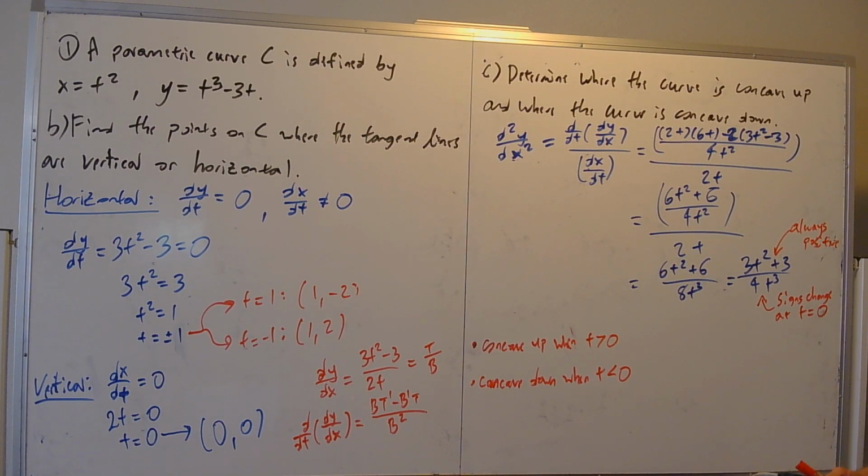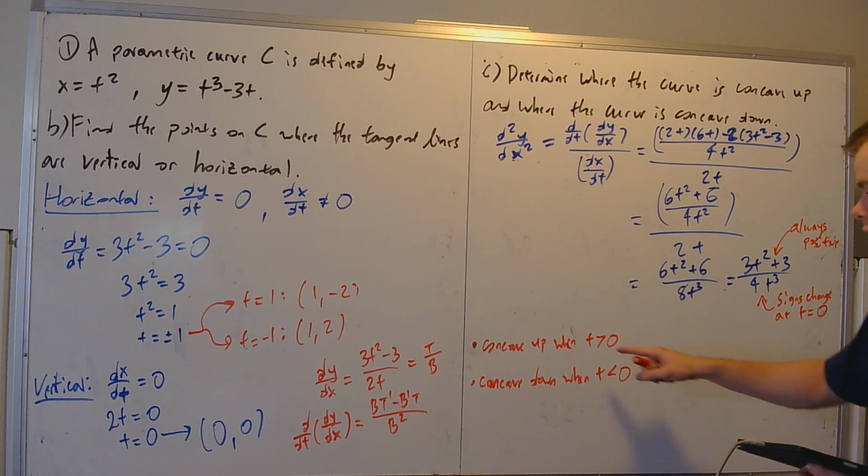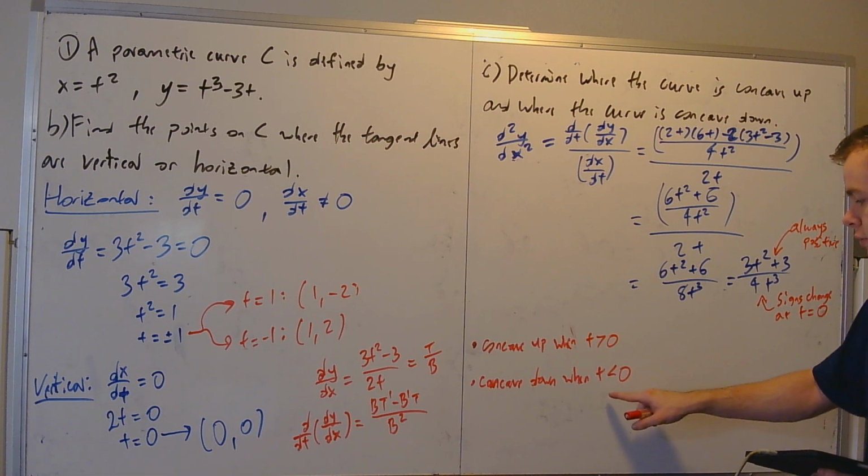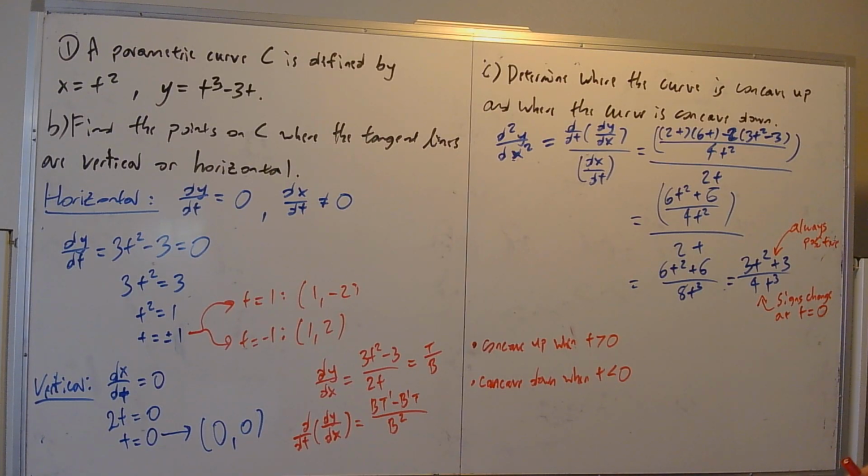So that gives us information about our curve. Our curve is going to be concave up as t is positive, and concave down if t is negative. Okay.